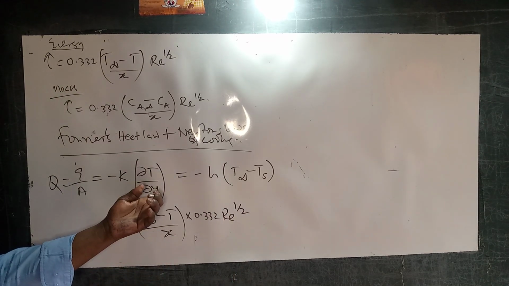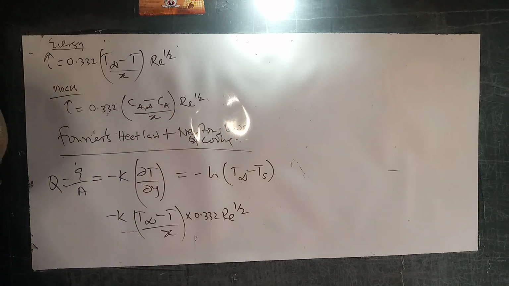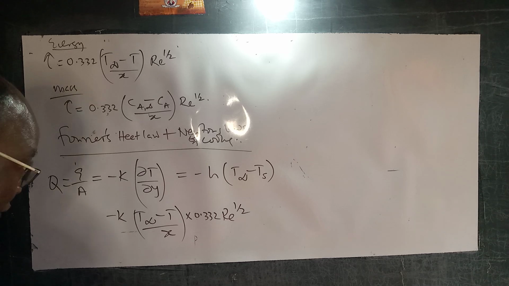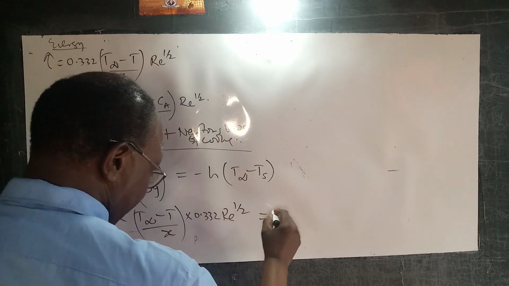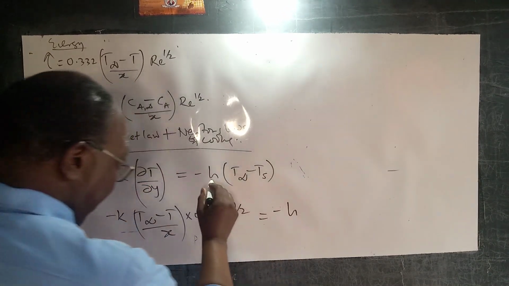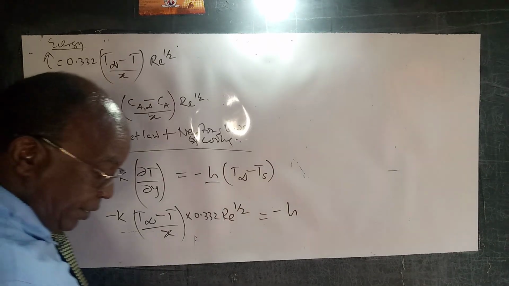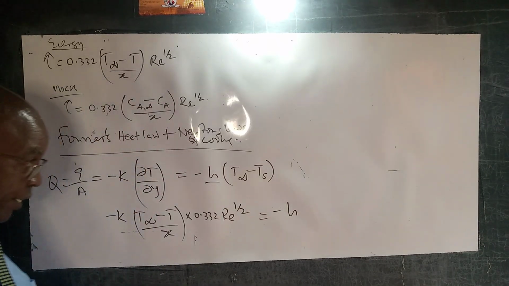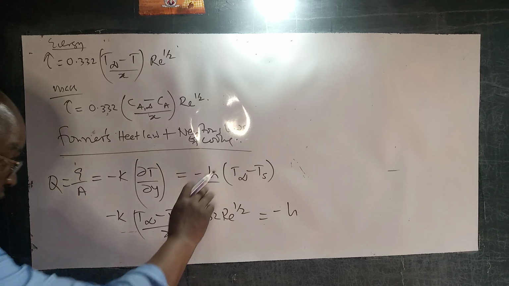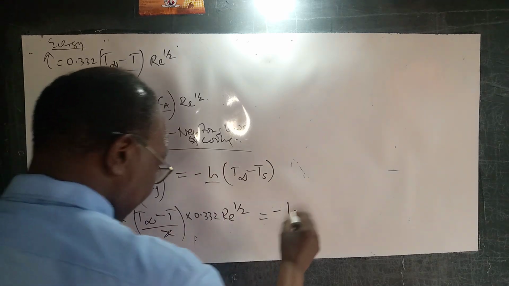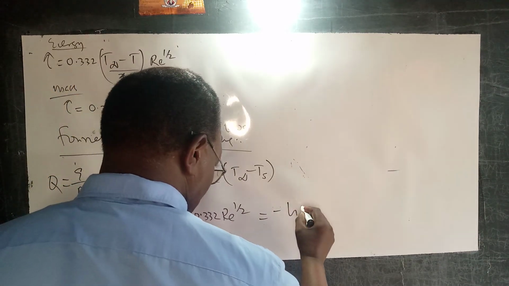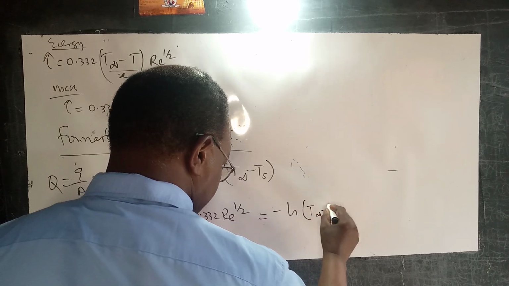That will be equal to minus h, the convective heat transfer constant, times T infinity minus Ts.